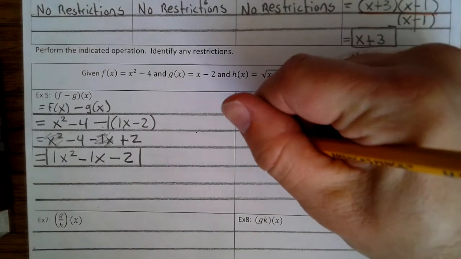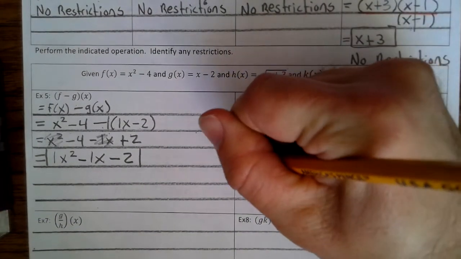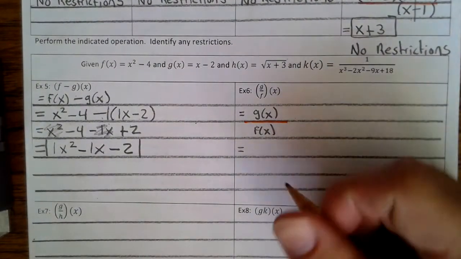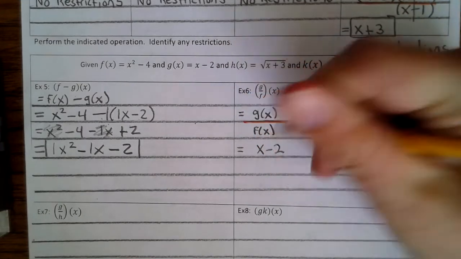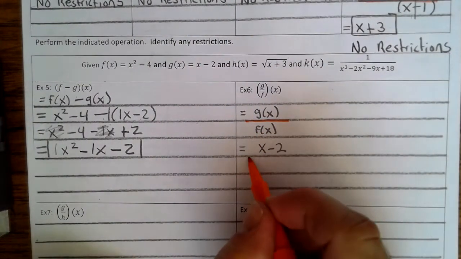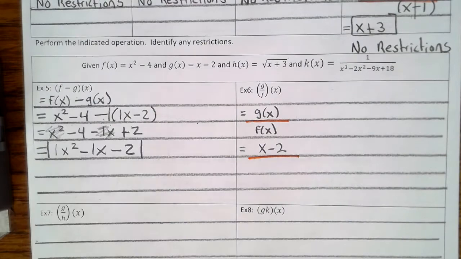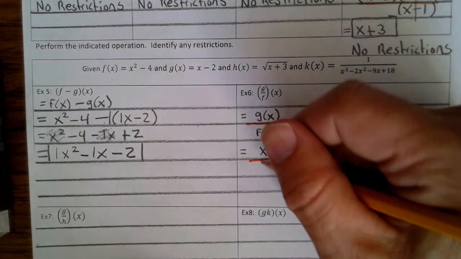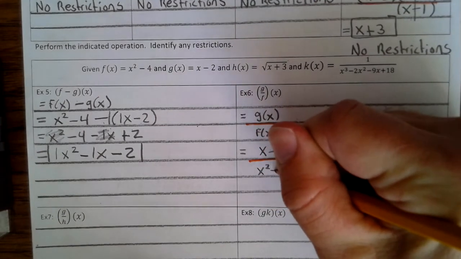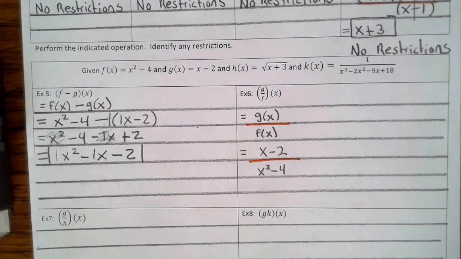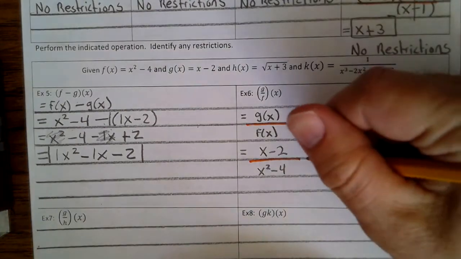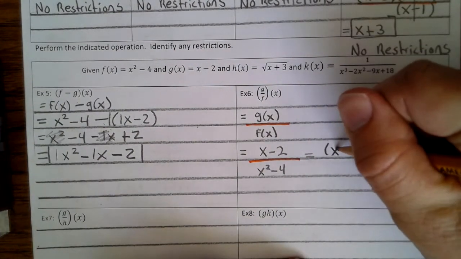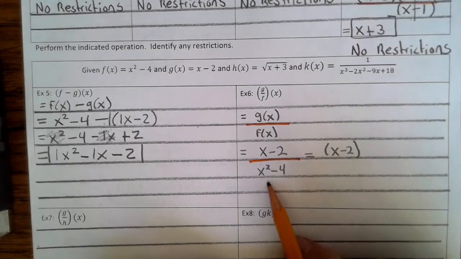Okay, so g of x is x minus 2 divided by f of x, which is x squared minus 4, which we need to factor the denominator. x squared minus 4 factors to be x minus 2 times x plus 2.